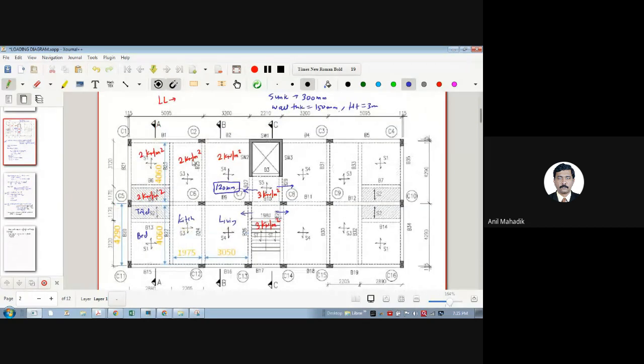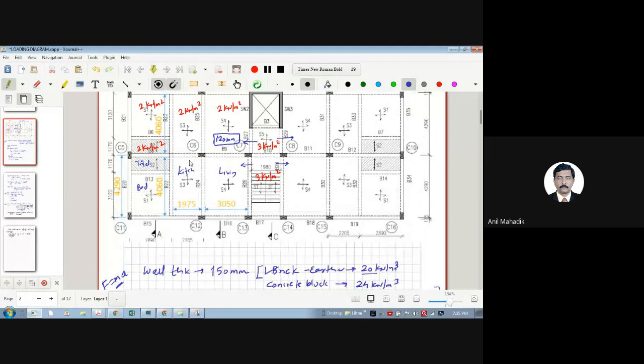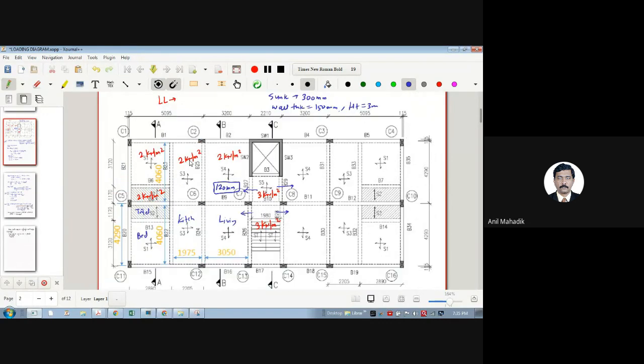Now we have written the loads. So all dead loads and live loads are mentioned on the drawing. And now our aim is to transfer the load.